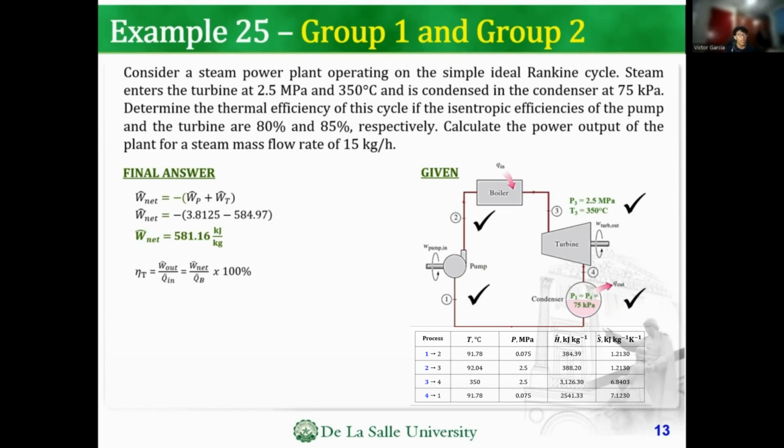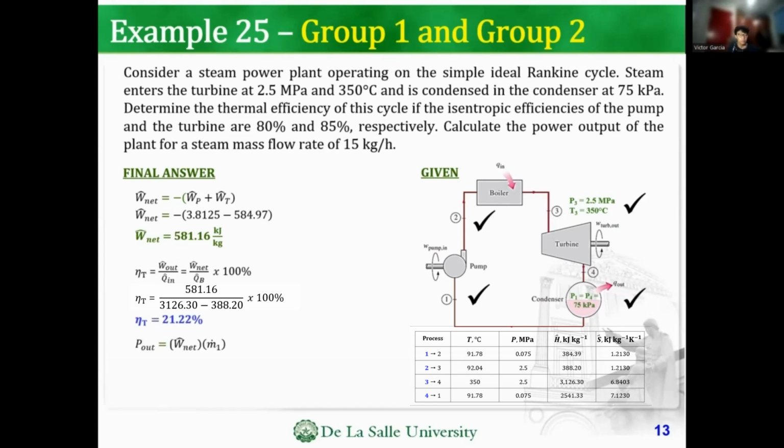For the thermal efficiency, it is equal to the specific work out over the specific heat in, which is also equal to specific work net over specific heat at the boiler. Specific heat at the boiler can be determined by the specific enthalpy at 3 minus the specific enthalpy at 2. So the thermal efficiency is equal to 581.16 over 3,126.30 minus 388.20, times 100%, which has a value of 21.22%.